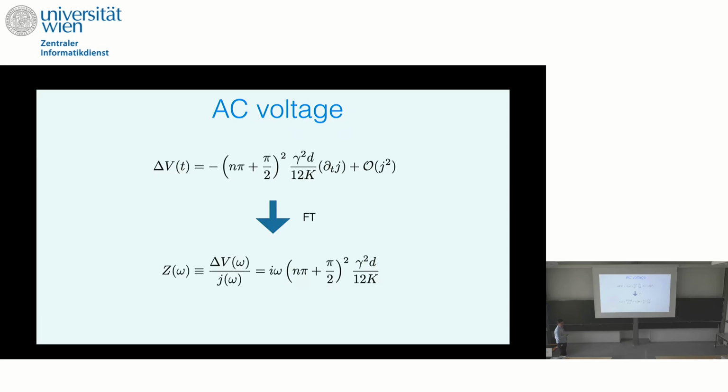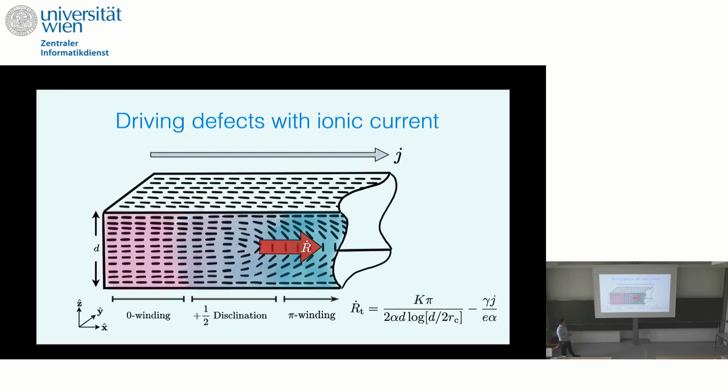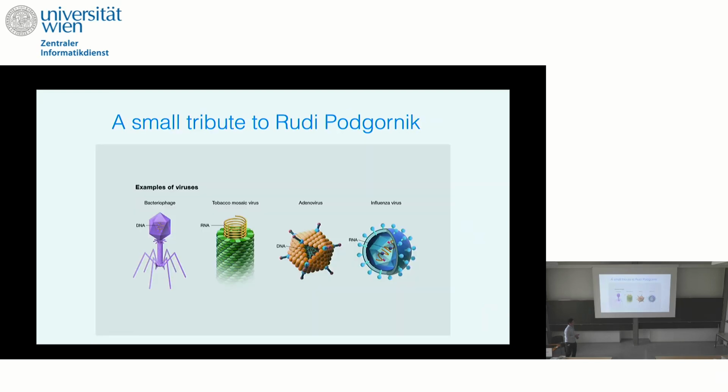So if you would like to make equivalent circuit models for electrokinetic cells, you can also model them by inductive elements, which is not so common, for example, when you look at isotropic systems. There is also a means to move defects with an ionic current. This is one of the resulting things that came out of the theory.